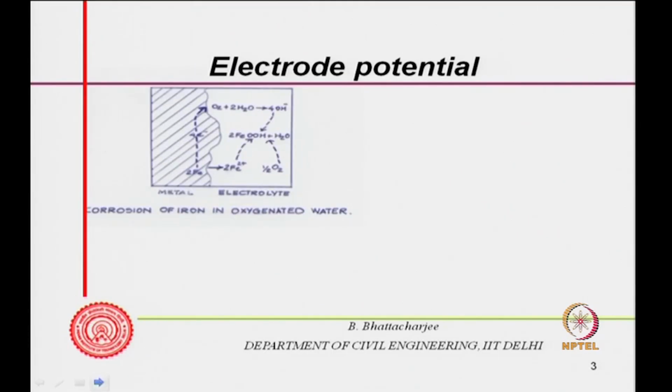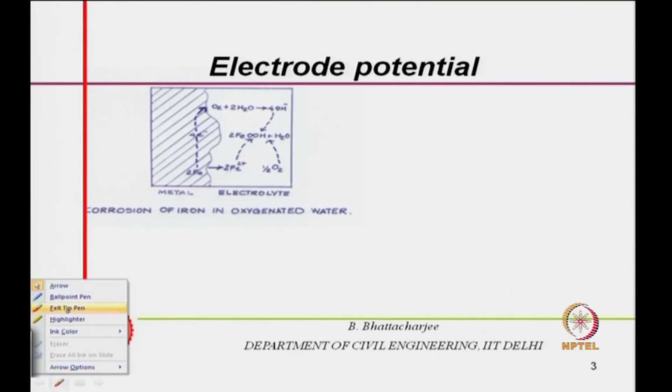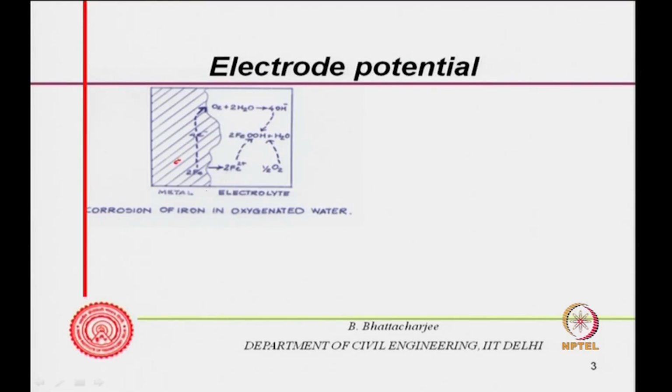You see, if you recollect, we talked about there will be anode and cathode formation within the metal. So, if this is my metal, there will be some place where there will be anode formation. Let us say this is my anode and this is my cathode.